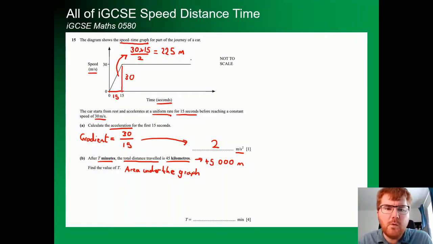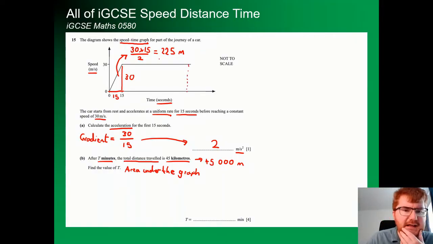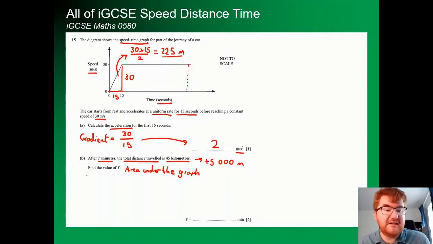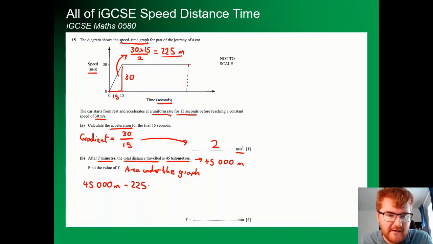So what we want to find is the entire area here is equal to 45,000 meters. So the first thing I'm going to do is take away this 225 meters from 45,000. So I then just need to work out the area of the rectangle.